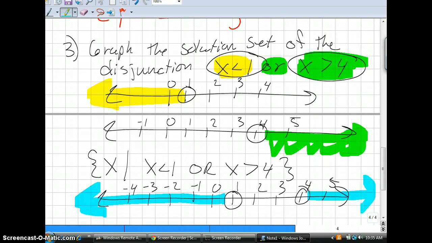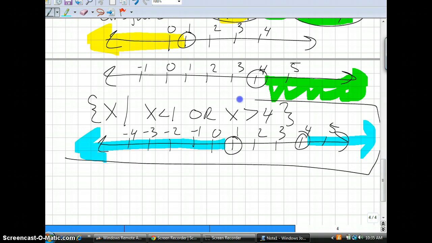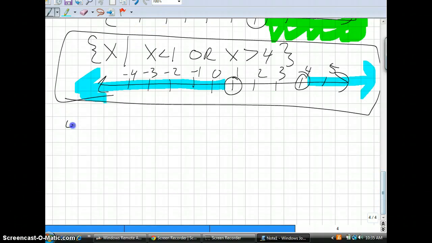So that would be a picture of the solution. Now this is the most common way a graph will look when it's an or statement. Okay? All right, example 4.